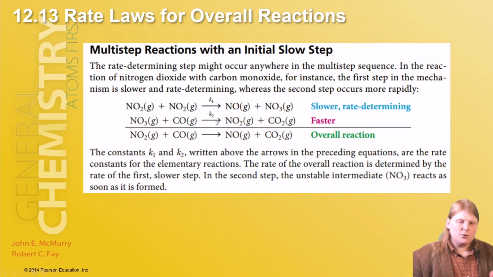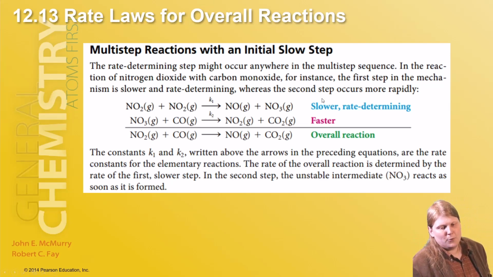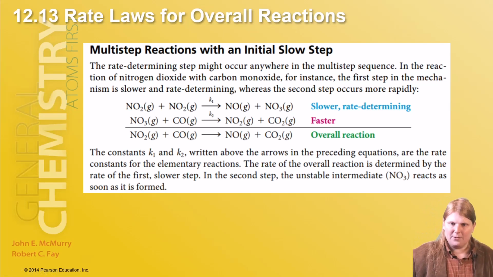So if we have a multi-step reaction, and we have some overall reaction, and we break it up into two steps, this is a proposed mechanism. This is how they would propose it in a homework question. They would say that this first step is slow and rate determining, which means that the overall reaction's rate typically is the rate of the first step, because the fast step is so fast it doesn't appear in the experimental data.